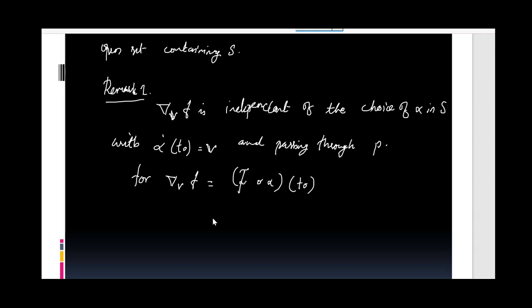And using the chain rule, we can reinterpret this as del f tilde of alpha of t naught dot alpha dot t naught.